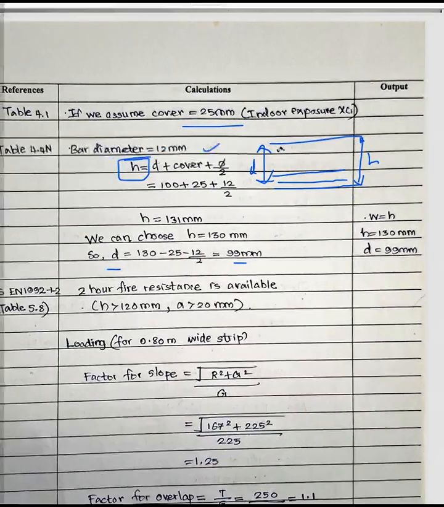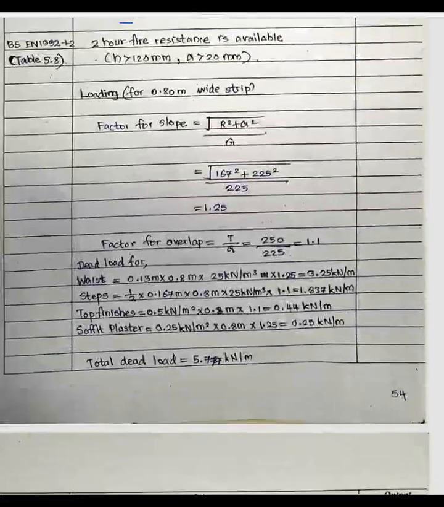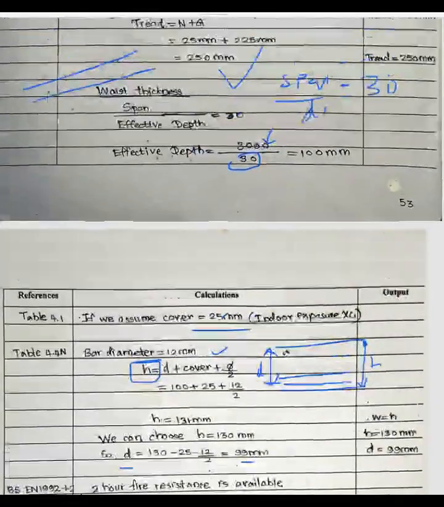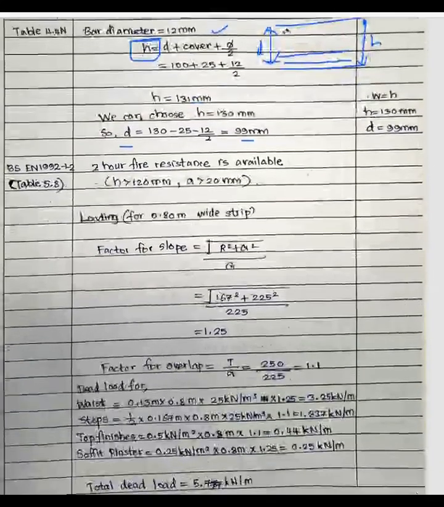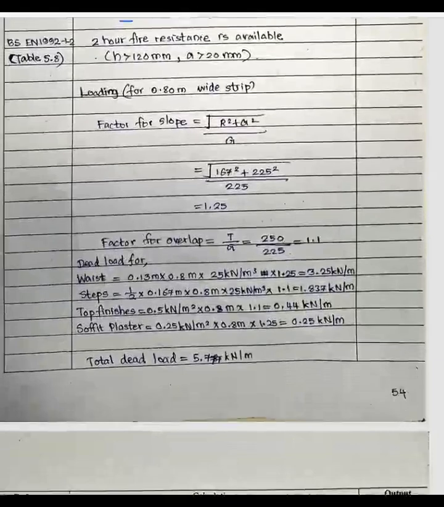Also, for fire resistance, H should be greater than 120 and A should be greater than 20 millimeter. After these geometric checks and the cover and bar diameter assumptions, we want to calculate the loading.